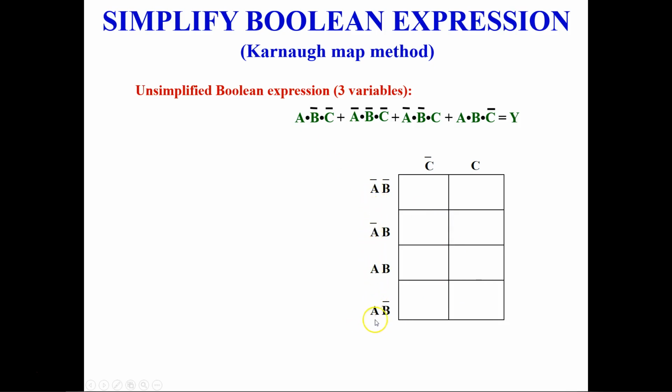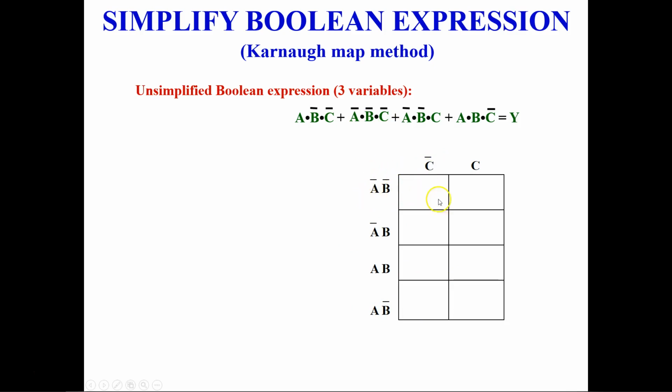We have it here, and along with that we have C bar here. So somewhere in this box we will have A, B bar, C bar. And then we have A bar, B bar, C bar. So we have A bar, B bar here and then C bar here.